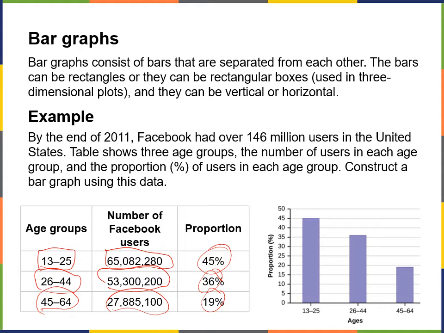And so we could easily take this and convert it into a bar chart where the first bar would represent 13 to 25, the next bar would represent 26 to 44, etc. And then the height of the bar would just be the frequency. Now, in this case, they chose to make the height the percentage or the proportion. This is the relative frequency here.